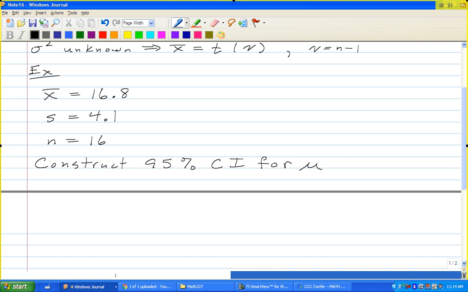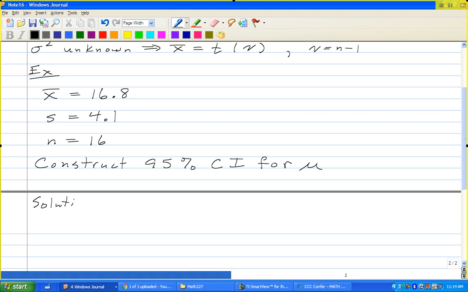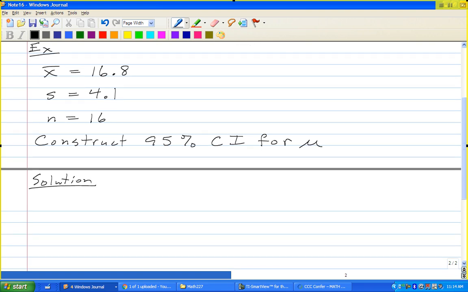Let me do that. The confidence interval will have the form the best point estimate for the population mean, the sample mean, plus or minus an error.